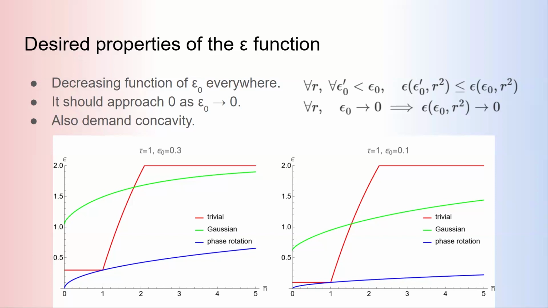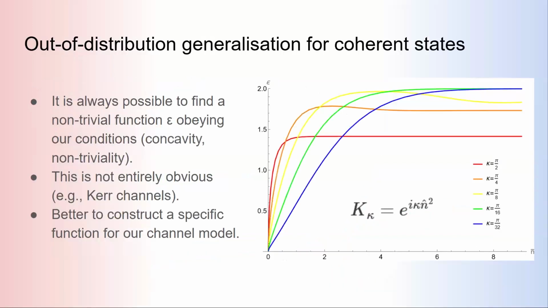The other thing we need is concavity, and that's just because it's mathematically convenient, but it's also free, in that if I've got some other function, I can just draw the concave hull. The non-trivial result here is that this exists. For any pair of channels, I don't care how non-Gaussian or weird they are, this exists.